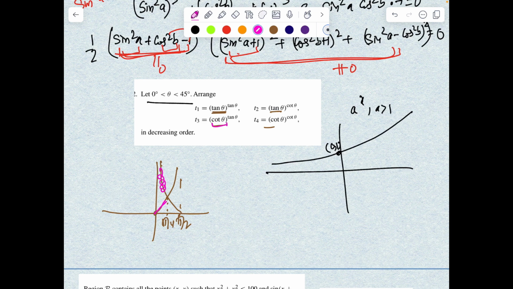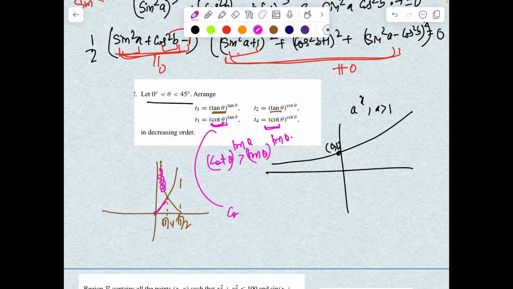Okay, so base wise which will be more? Definitely cot theta is more than tan theta. So I can tell cot theta to the power tan theta will be more than tan theta to the power tan theta, right? But we have tan to the power cot theta. So how will you compare them?